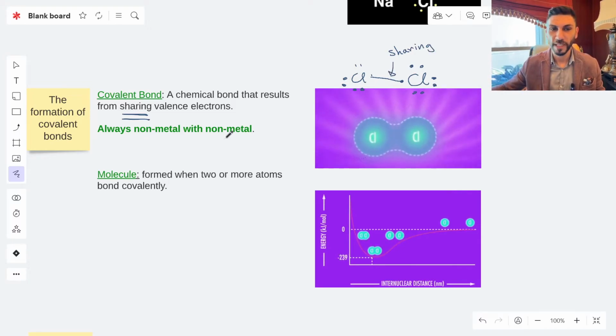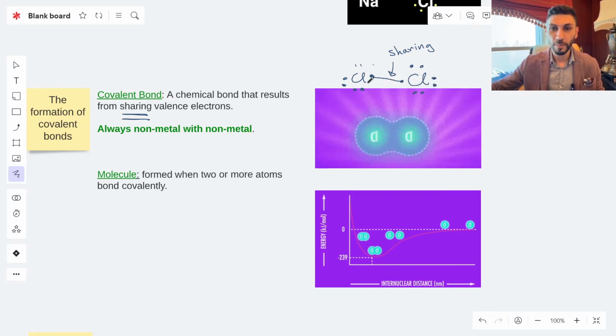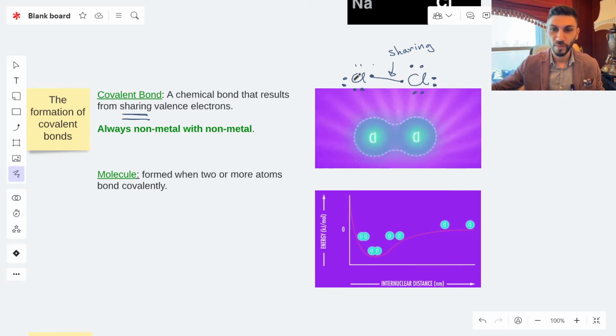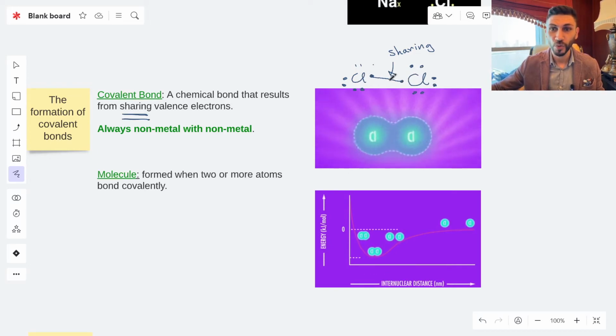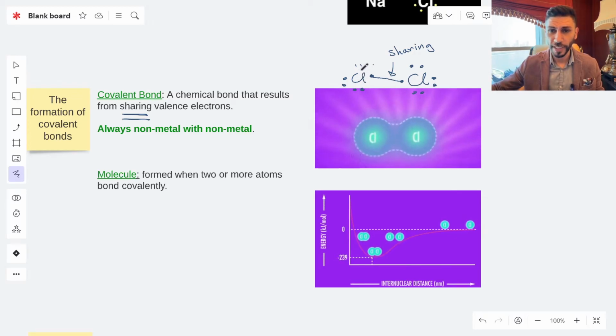Not losing or gaining. Now, this electron from the first chlorine belongs to both atoms. Also, this electron from the second chlorine belongs to both atoms. If we count now the valence electrons for each chlorine atom: 1, 2, 3, 4, 5, 6, 7, and 8.